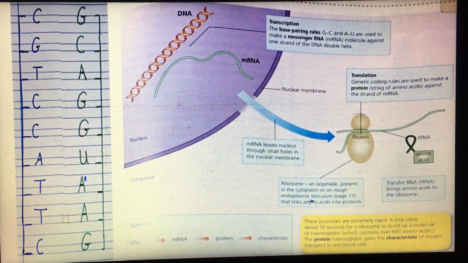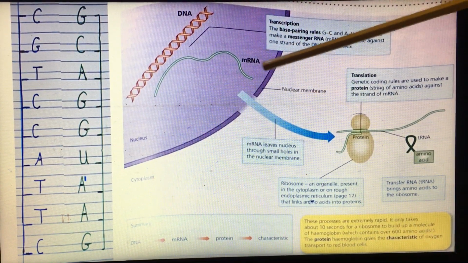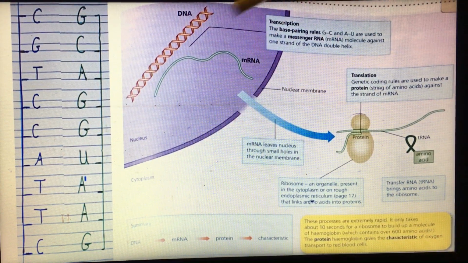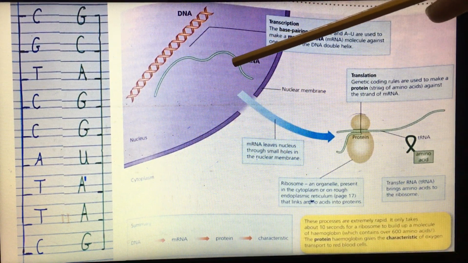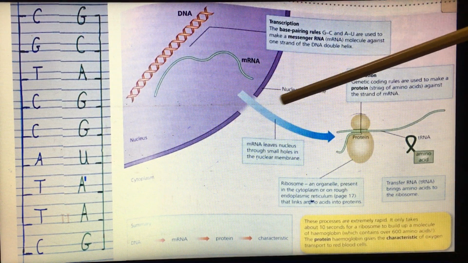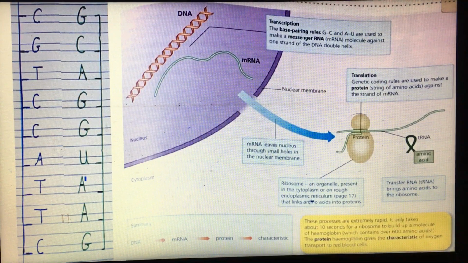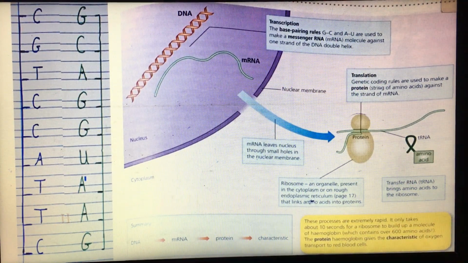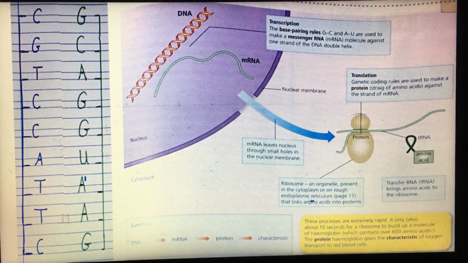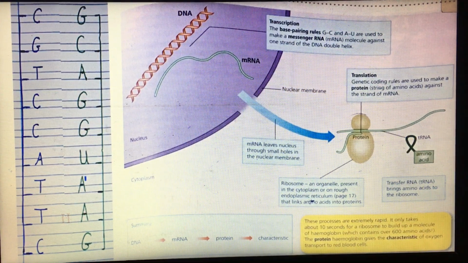So again, we have DNA. mRNA comes to the nucleus just to copy the code of DNA. Then it takes the code out of the nucleus to go to the ribosome to produce the protein, or the amino acid, to produce protein. Okay, so again, mRNA will take this code out of the nucleus and it will arrive at the ribosome.